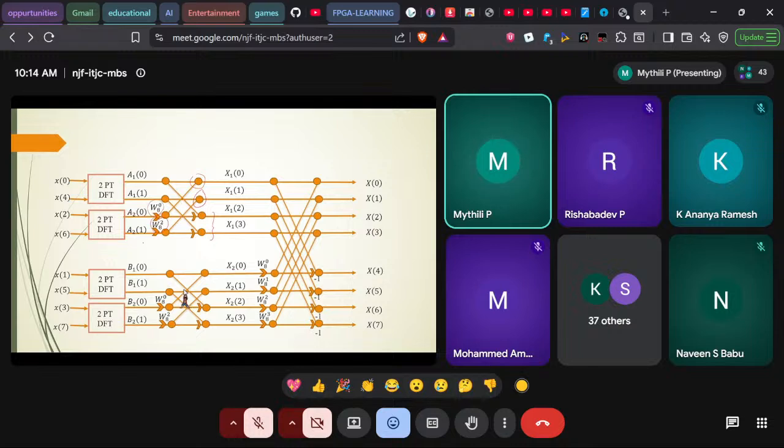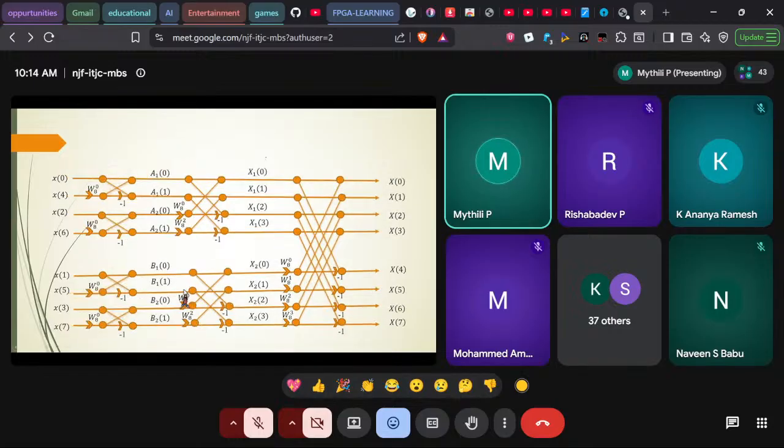The next level will be to decompose this 2-point DFT. We already know the W matrix of a 2-point DFT is 1, 1, 1, minus 1. This is nothing but one addition and one subtraction. So you can see here, this is the 2-point DFT.